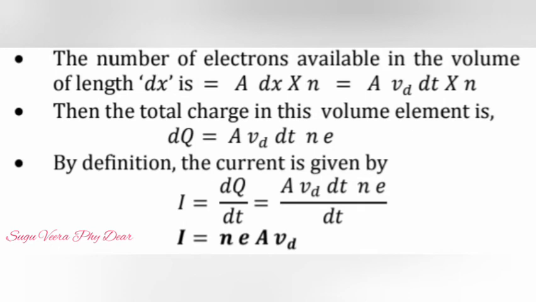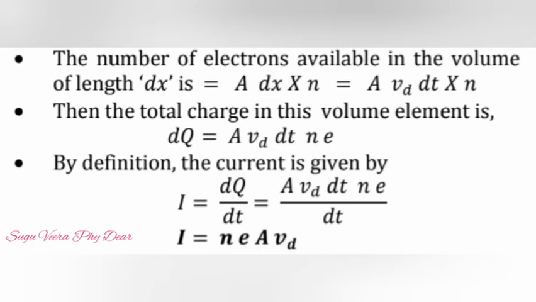By definition, the current is I equal to dq divided by dt. Substituting dq, I equals A Vd dt n e divided by dt; dt and dt cancel. We get I equal to n e A Vd, where I is current, n is number of electrons, e is electron charge, A is area, Vd is drift velocity.